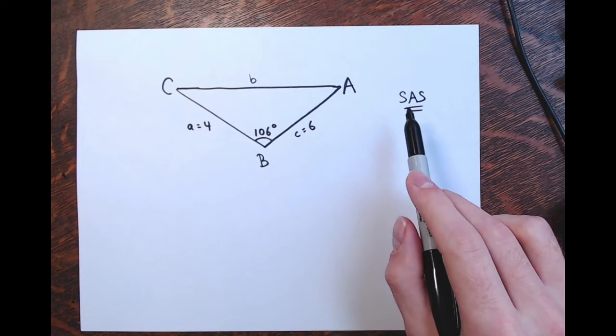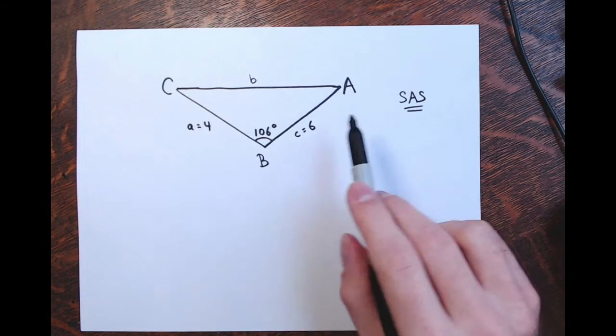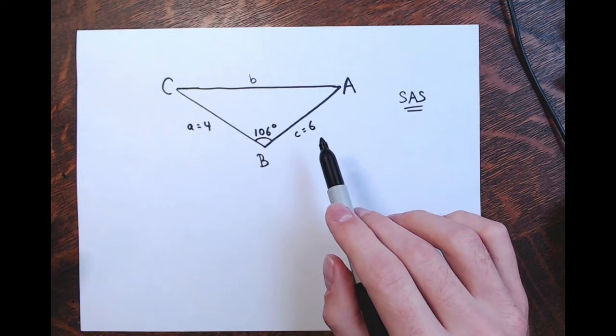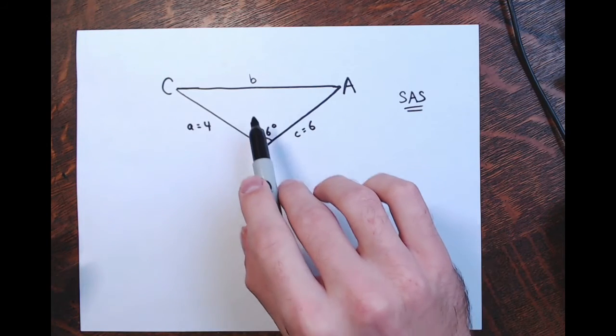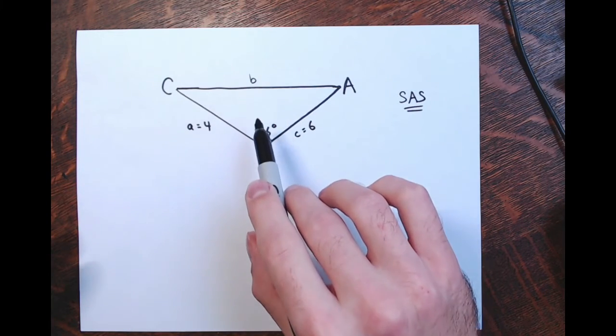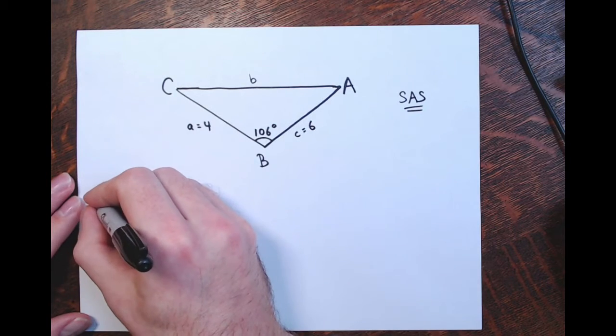In the side angle side case like this, the only thing you're going to be able to find using the law of cosines is the side opposite the angle you know. So I have to find little b.